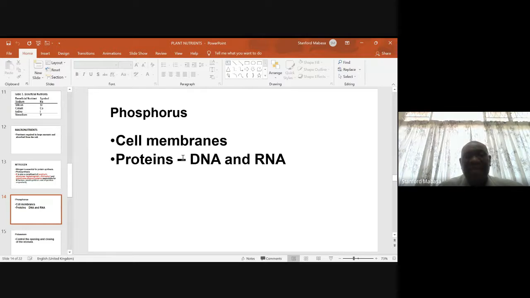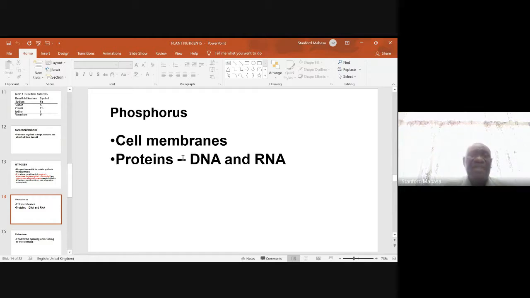Phosphorus, it's important for cell membranes, proteins, that is DNA and RNA. Its absence can cause the purplish color.